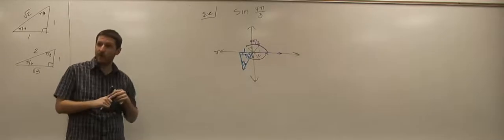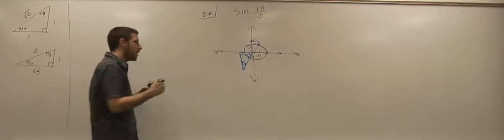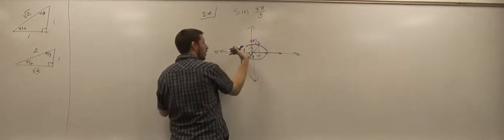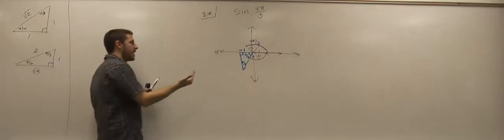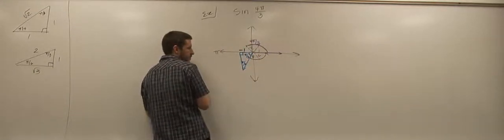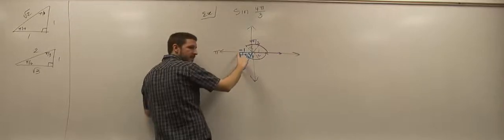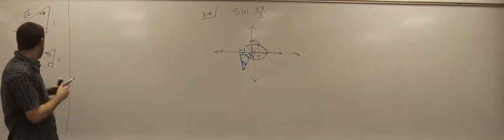Negative. Why? Because it's going in the negative direction. So the way we keep track of the fact that this went over 90 is putting a negative in front. The way that we keep track of the fact that we're in the third quadrant is making our x negative. Y will also be negative, because y is going down. But what's my y value?